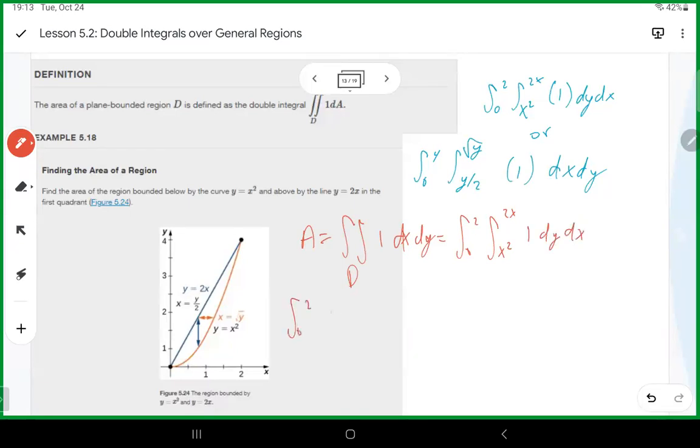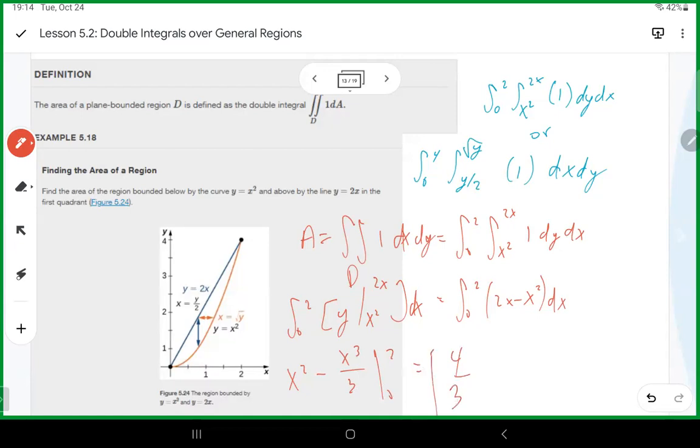So 0 to 2, y from x squared to 2x, dx, which is 0 to 2, 2x minus x squared dx. So that's going to be x squared minus x cubed over 3, 0 to 2, which is 4 over 3. Okay, that's the area.